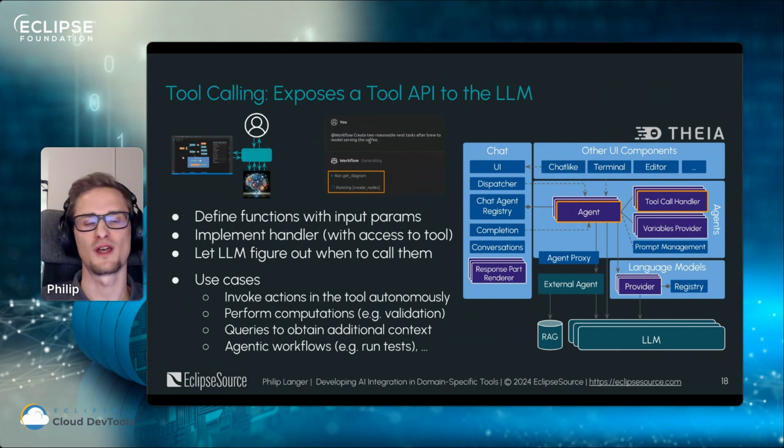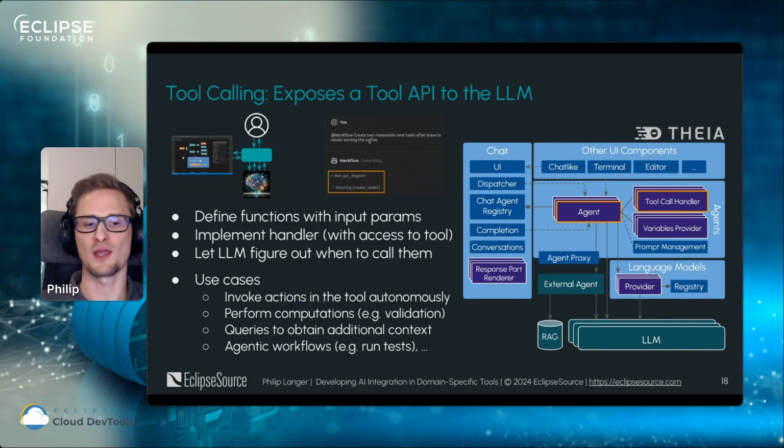Here are the tools that you call. And once the LLM calls them, a handler is invoked in your Theia application, where you can then either apply the change or provide back the result or the additional context to the LLM for further processing. And that's really a powerful mechanism.